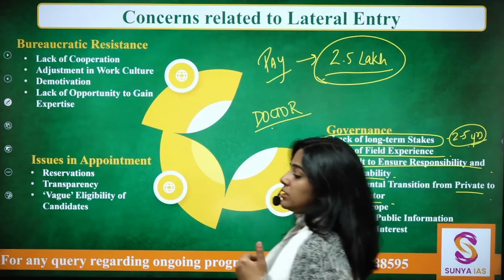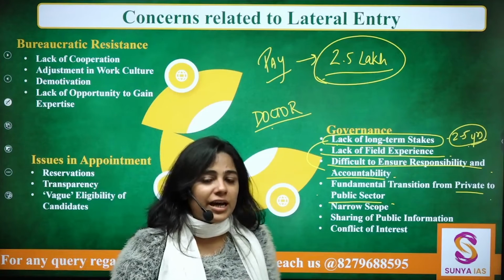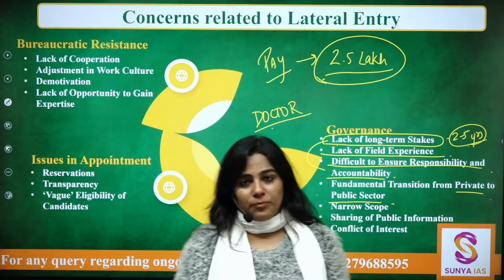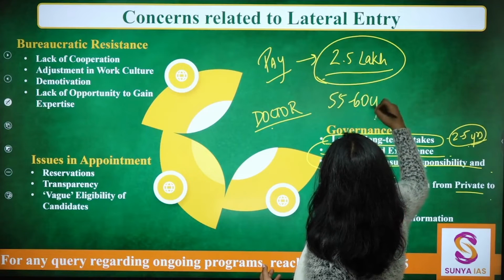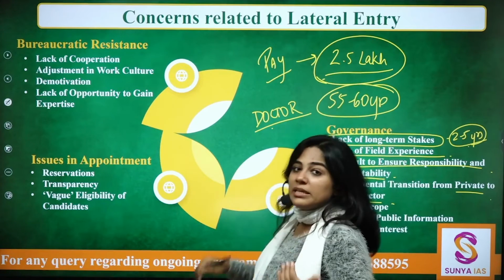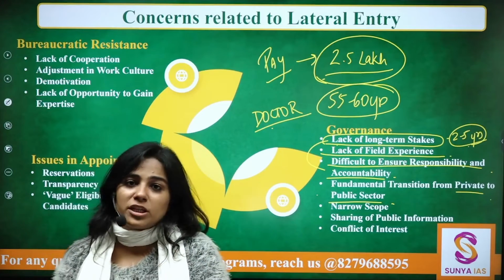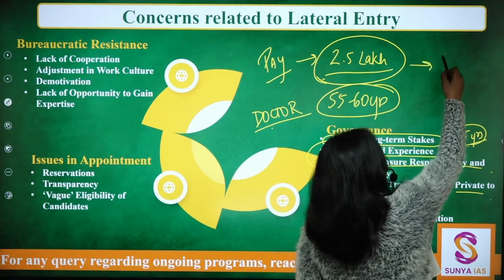So either the person will have a massive public welfare motive, that can be one reason they are entering, but such people are very few. Because if you are recruiting someone who's 55 to 60 years of age, they have a family, they might have grandkids by now, they have some responsibilities on their shoulders, and coming from, let's say, not even 50 lakhs, let's say even 20 lakh per month.